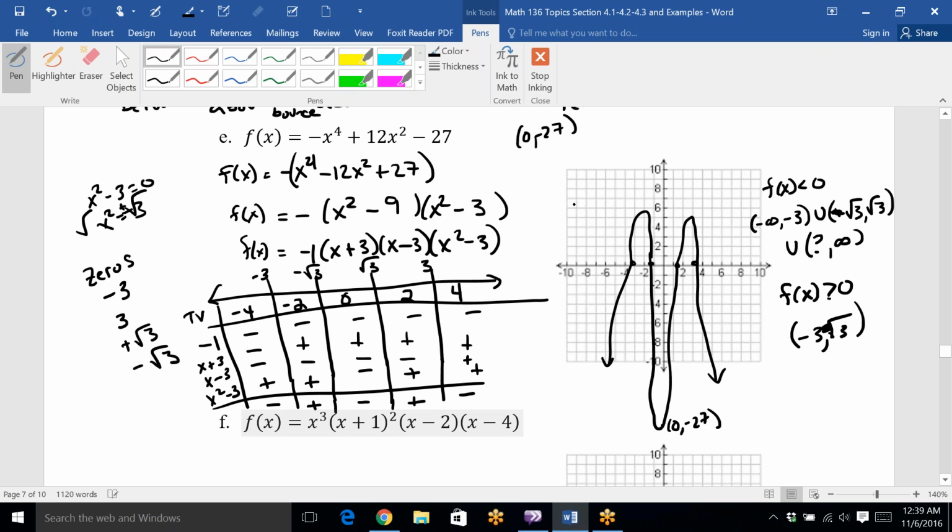That's supposed to be a negative. That did not show up negative. I'm going to rewrite that. It doesn't want to go away. It's negative square root of 3, and then union with square root of 3 to positive 3.